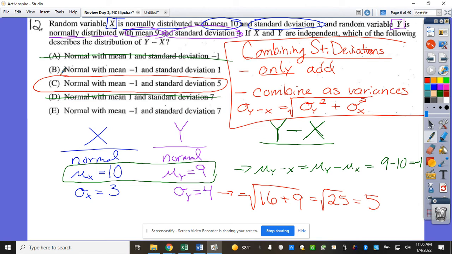Even if you forgot that, you should look and see, well, 9 minus 10 is not going to give me positive 1. Which means my 3 options would be a standard deviation of 1, a standard deviation of 5, a standard deviation of 7. If I'm combining 2 standard deviations, is it ever going to get smaller? So that should leave you with 2 answer choices. But this is the main thing with this problem.